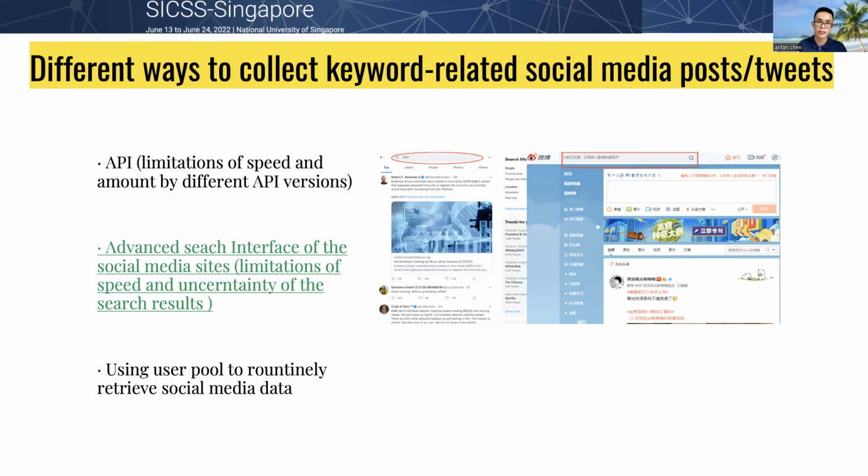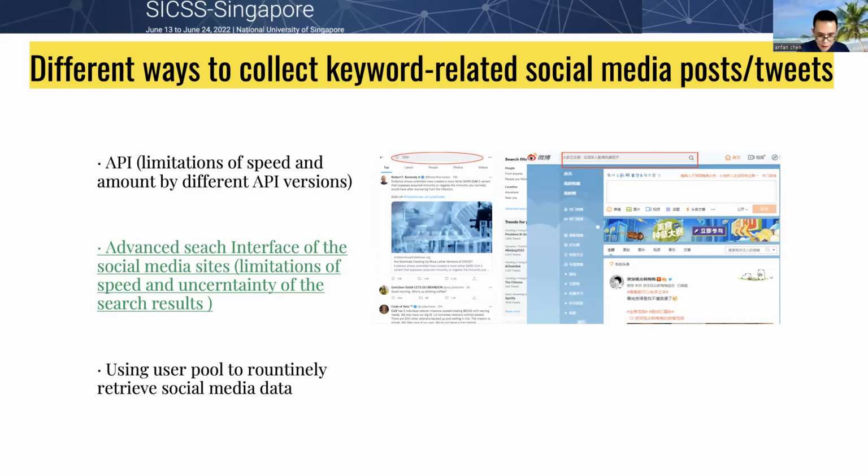So we will use some keywords to retrieve the tweets related to the Black Lives Matter event, right? But before that, we should provide some keywords related to the Black Lives Matter event, and we can collect the data by API by providing the keywords.